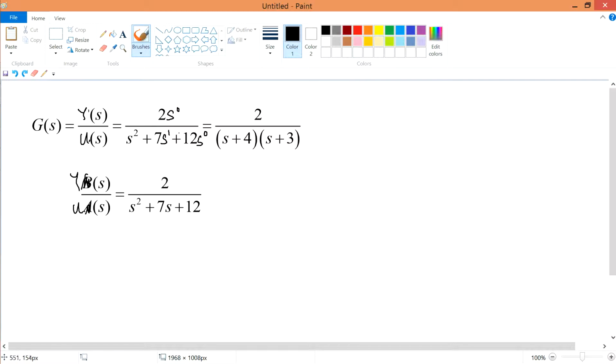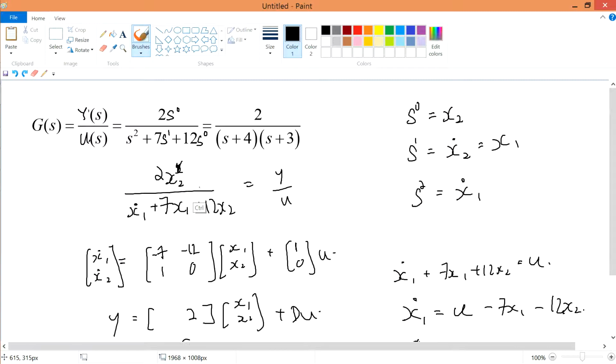Next, I can write s squared as s to the power of 2, and can also write 12 as 12s to the power of 0, because s to the power of 0 is simply equal to 1. So 12 times 1 is equal to 12. And then 2 is s to the power of 0 also. And therefore it's all represented over here.